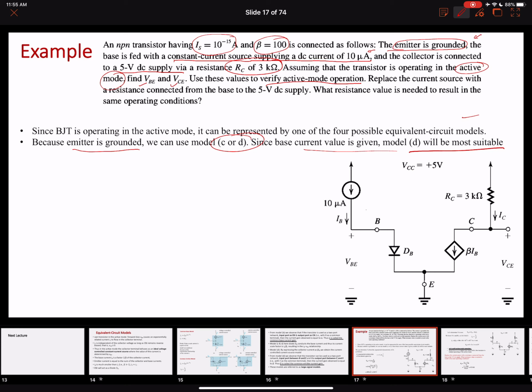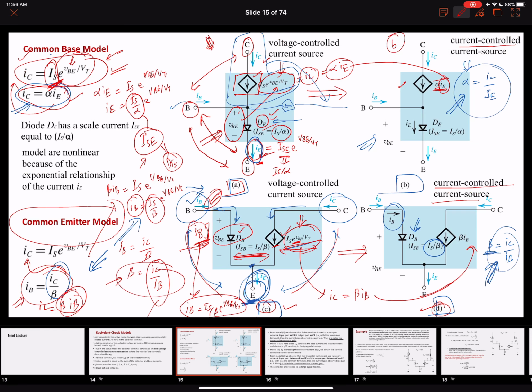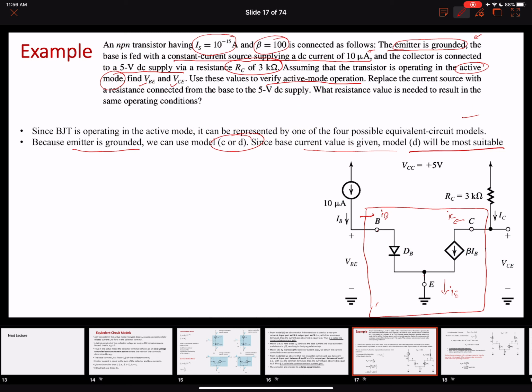Okay, so anyways, here is the model that we have. Again, this is the model that we discussed earlier, right? So we have a base terminal, collector terminal, emitter terminal. We have a base current that is flowing, emitter current that is flowing, and a collector current that is flowing. So this was the model over here, C or D. So what we ended up doing is putting in these extra values that were given in the question. The base was fed by 10 microamperes, right?